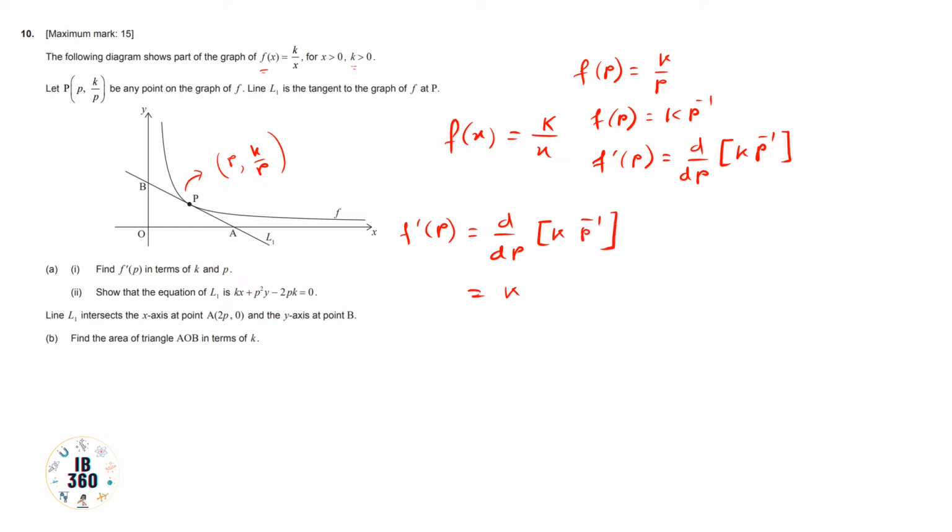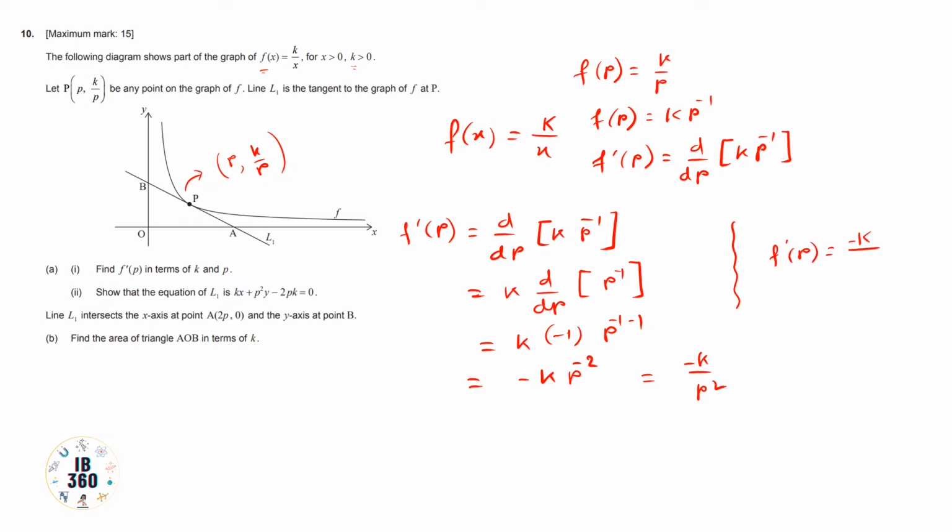K is the constant term, so k times d by dp of p to the power minus 1. Now the derivative gives minus 1 into p to the power minus 2, so minus k p to the power minus 2, which is minus k by p square. So f dash p equals minus k by p square.